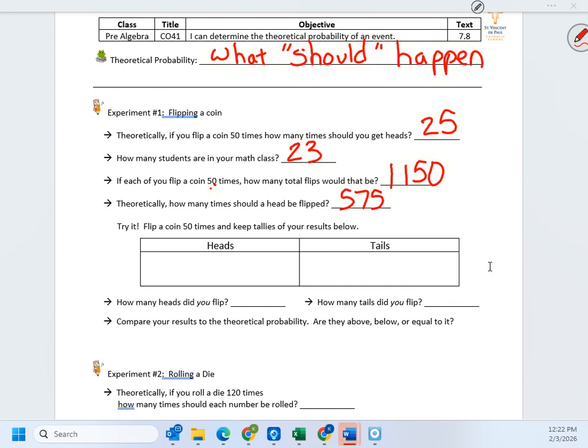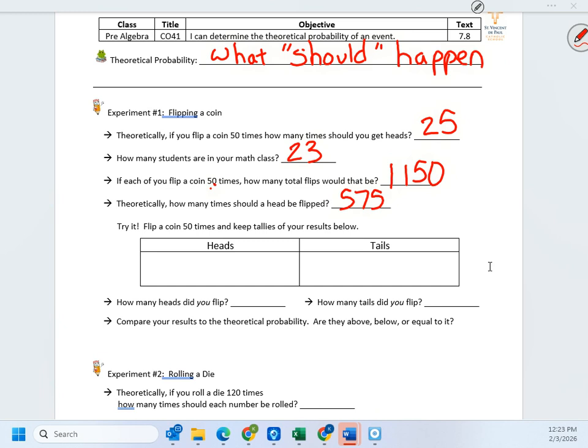Do you think that is going to be our answer? Do you think if you flipped a coin 50 times, would you have 25 heads, every single one of us? No. Well, why not? Theoretically, that's what should happen. Elliot? Because you can't control which way it's going. Because it should happen this way.